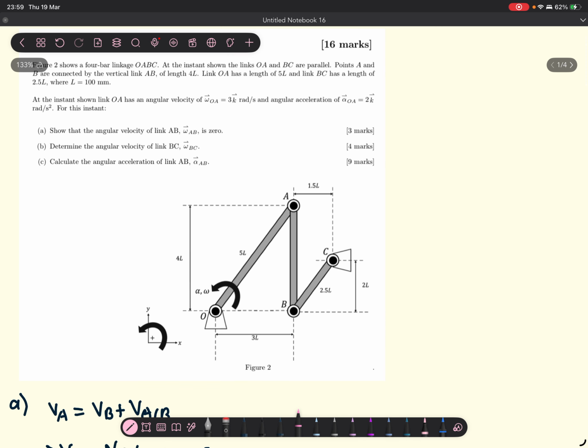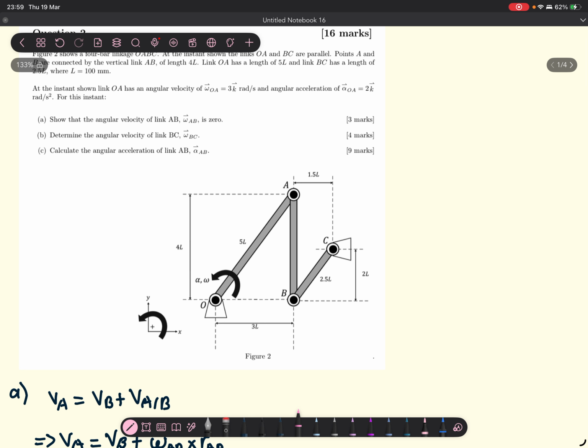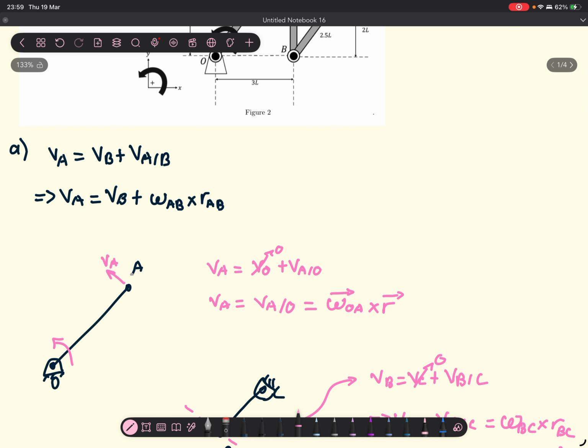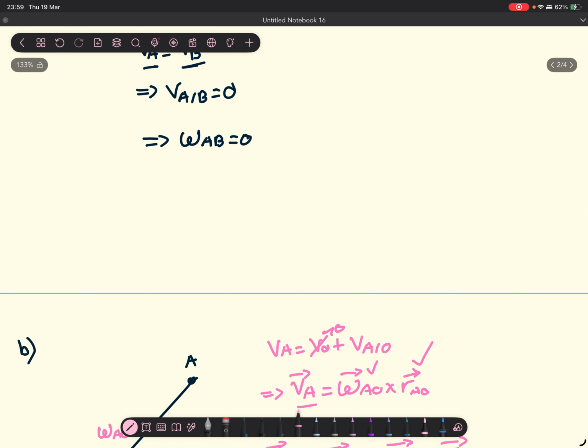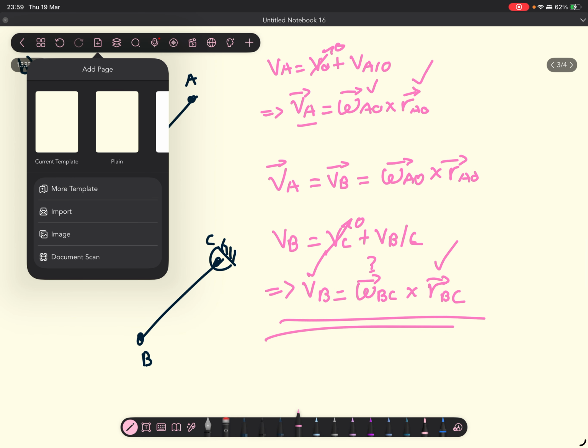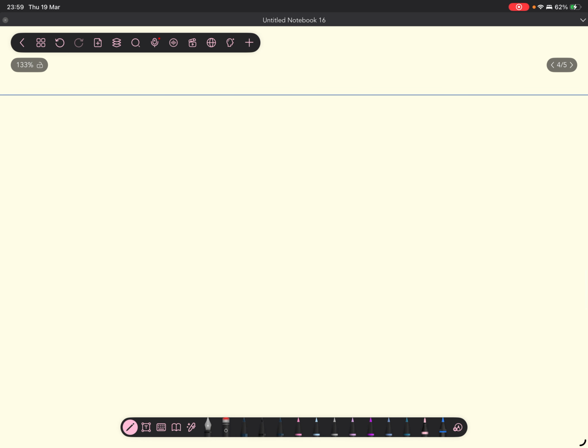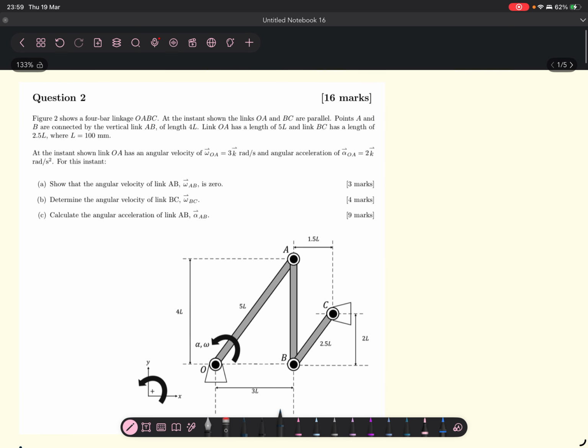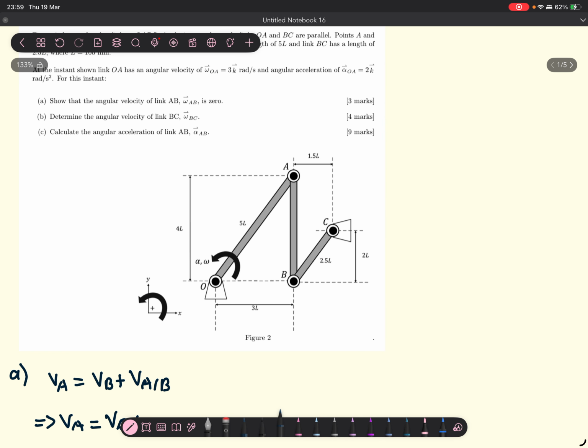And then for part C, calculate the angular acceleration of link AB. So we're going to deploy a similar tactic to part B, right? We're going to start at the point where we know the most information.